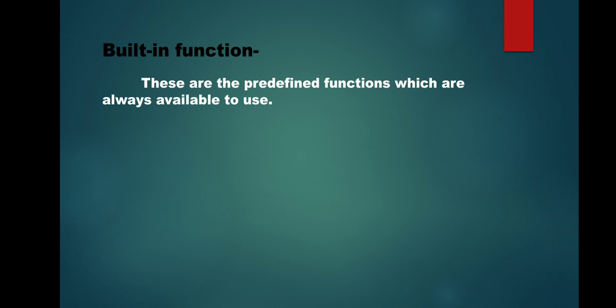What are built-in functions? Built-in functions are those functions which are always available for the user to use. Once you have installed Python on your system, you can use the built-in functions. There is no other precondition required for the users of built-in functions.